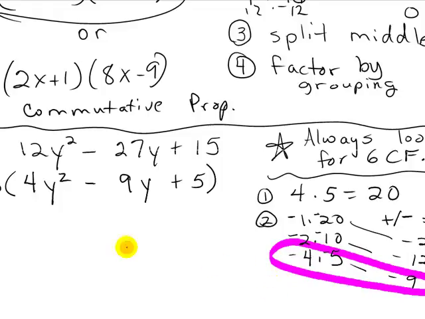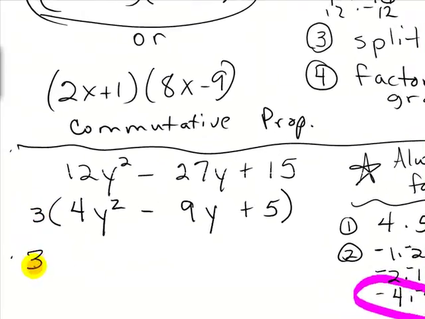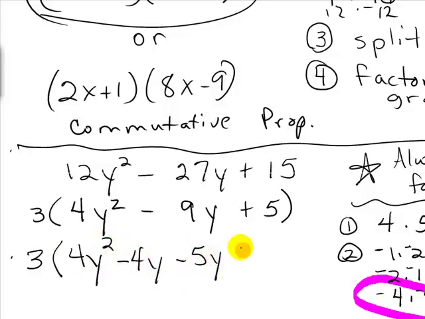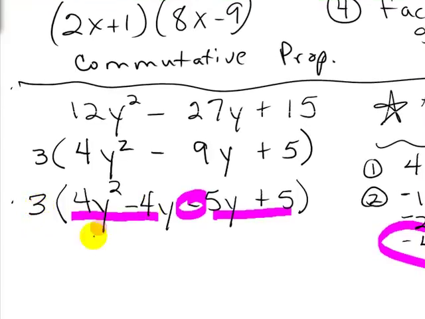Step 3, remember, you will keep your 3 GCF, but we're going to take and split our middle term. Do our factor by grouping. Focus on that middle sign there. I'm not going to worry about the 3 yet. I want to go ahead and finish this.